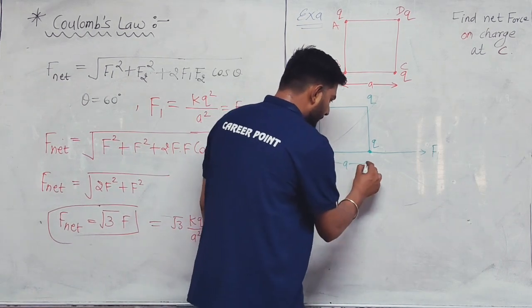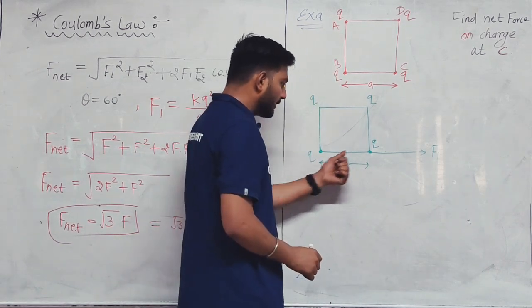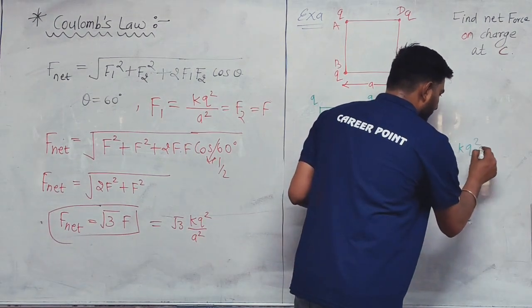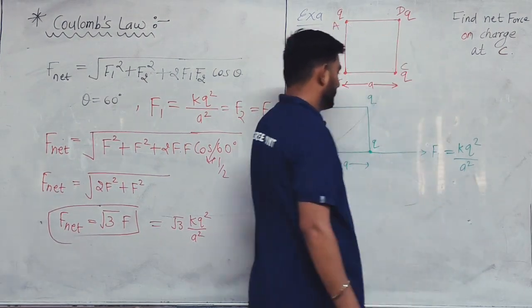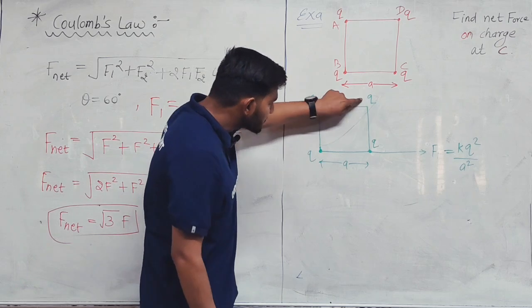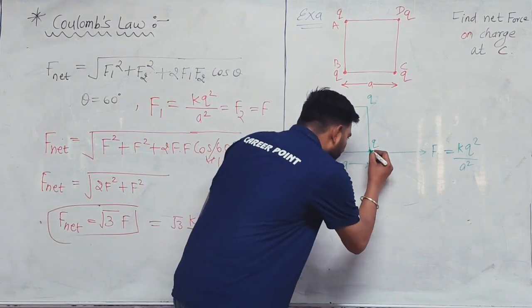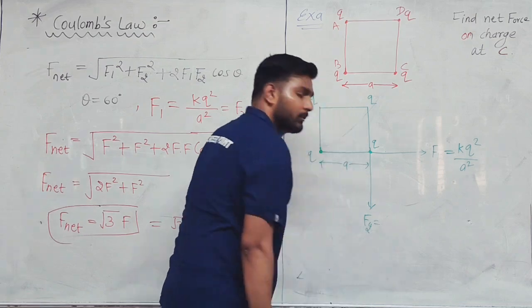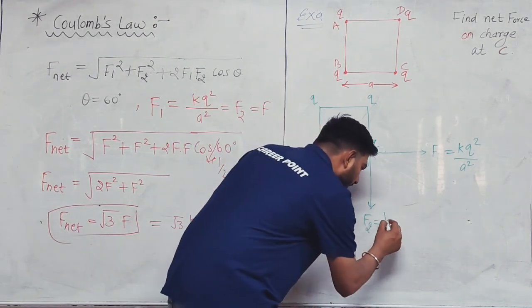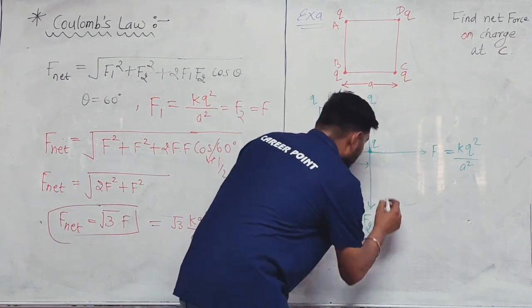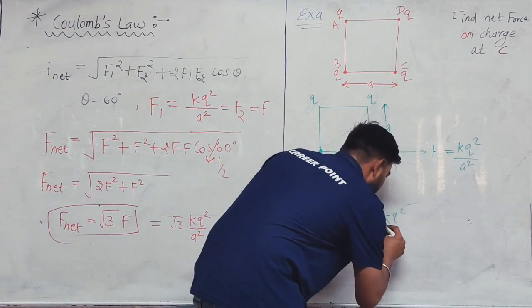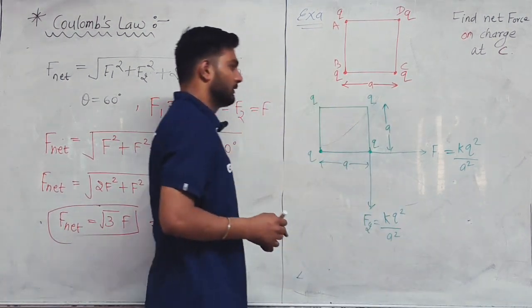This is separation A, so F1 will be K Q1 into Q2 by separation square, so KQ square by A square. Now the force due to this charge on this charge will be away from this charge. Let's suppose this is our F2. F2 will be K Q1 Q2 by A square, so KQ square by A square. Correct?